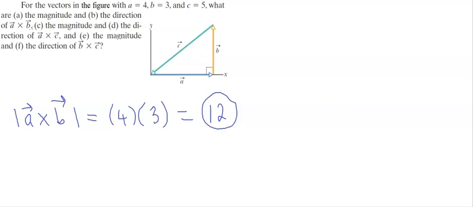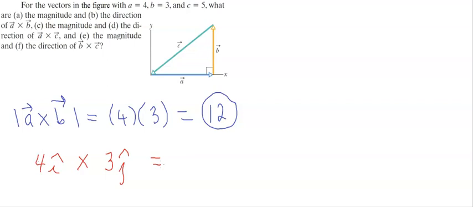In other words, A cross B is not the same as B cross A. Okay, let's rewrite vector A in unit vector notation, 4i, and we're going to cross that with vector B, which we can rewrite as 3j. And since they're both one-dimensional vectors, those are the only components they have.